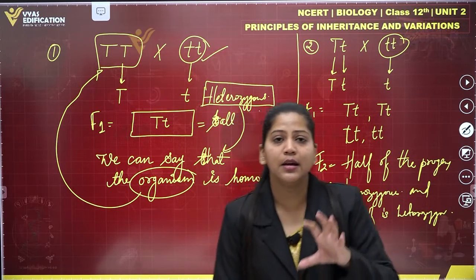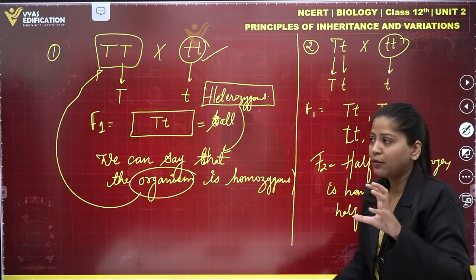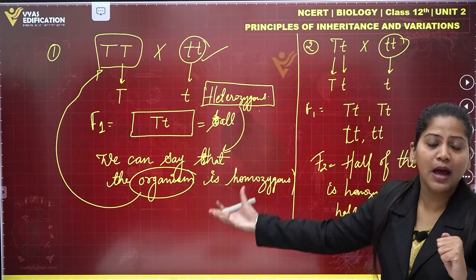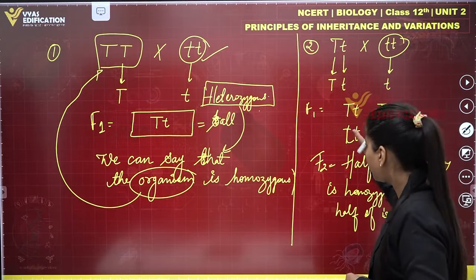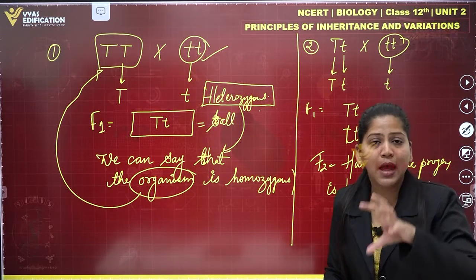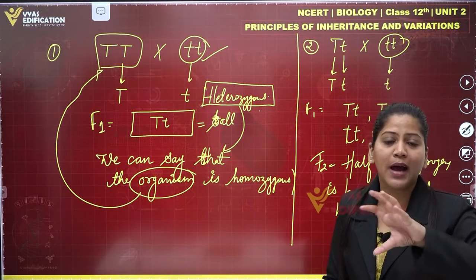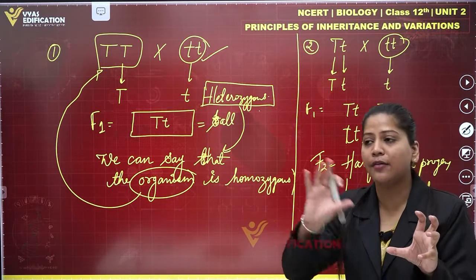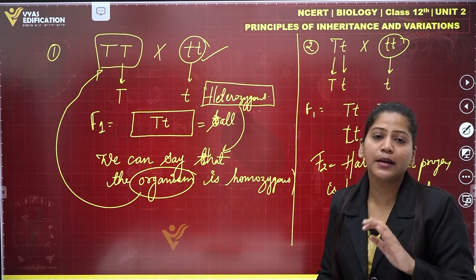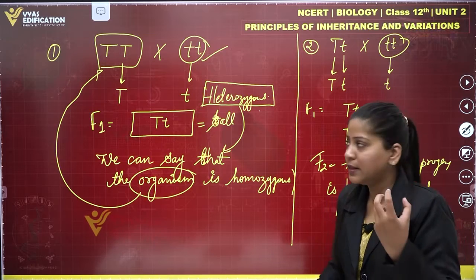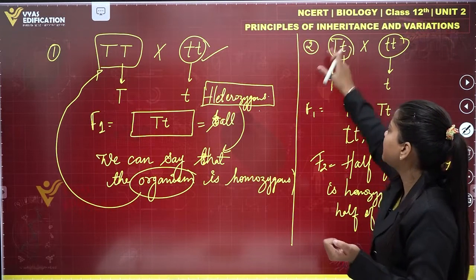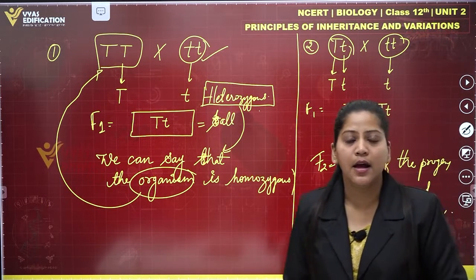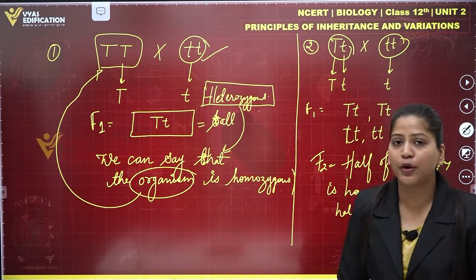And if we observe the progeny in the F1 generation and find that half are heterozygous and half are homozygous, then we can conclude that this organism is actually heterozygous in nature. So this is the complete solution of question number 5.